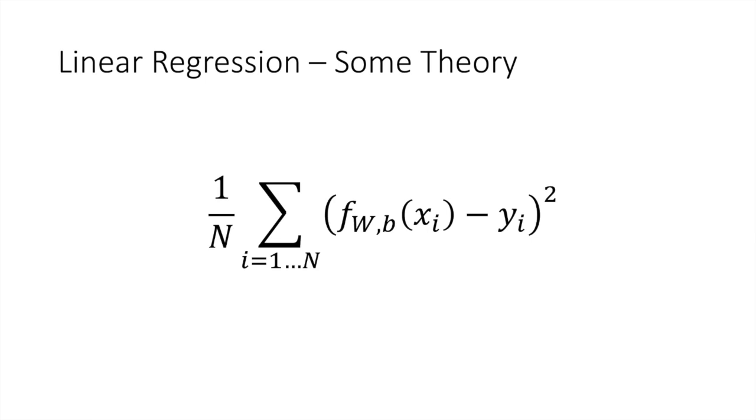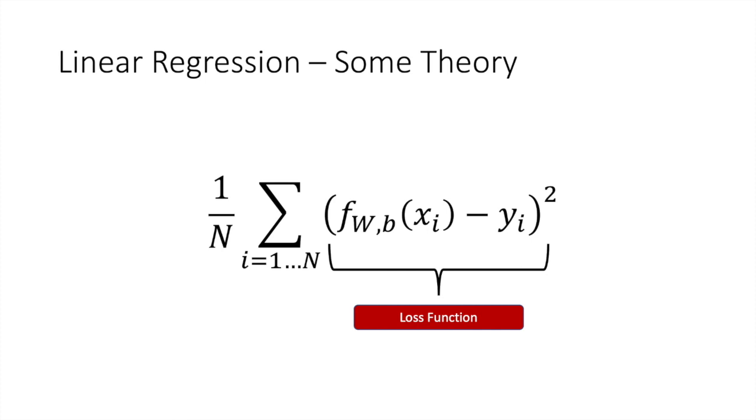So optimal values for W and B try to minimize this expression that you see here. And if you try to forget about the letters that could be scary, basically what is happening here is this is the error value, squared, summed, and then averaged, and we try to minimize this. The value inside this sigma is called a loss function.